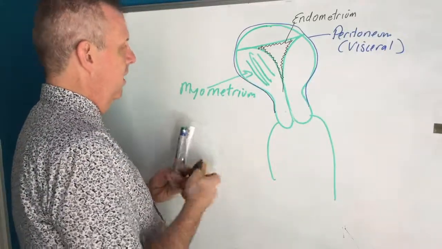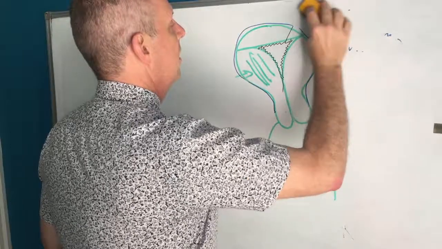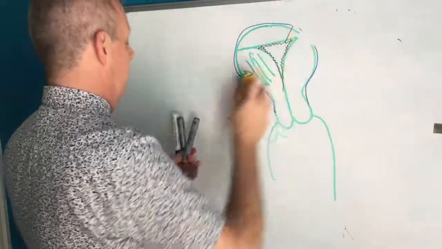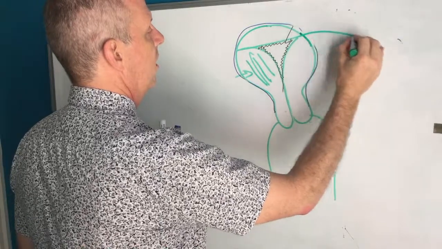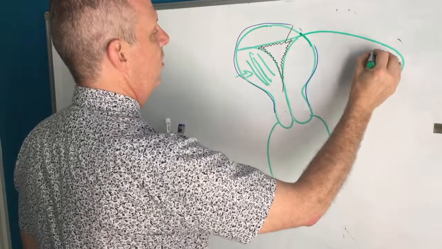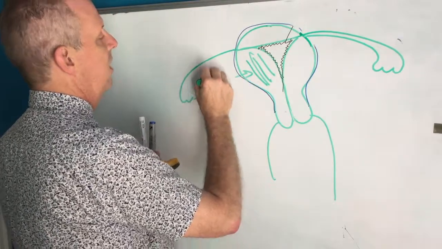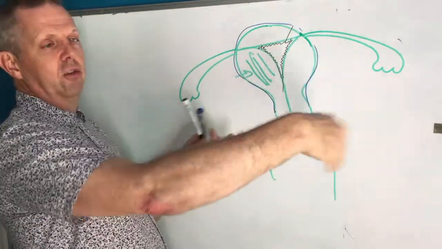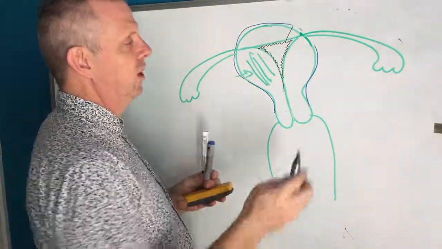Okay, now, what we have attached to the uterus here is a fallopian tube on each side. In reality, they don't look like this at all. They're just floppy. They have no muscles or structure or anything. It's just simply a tube.